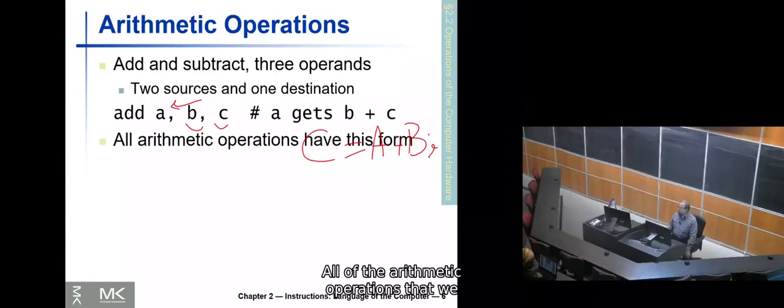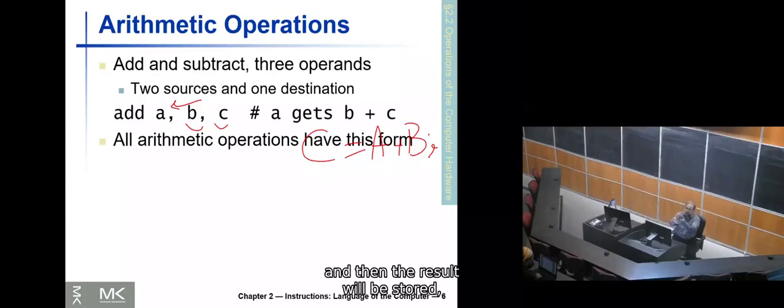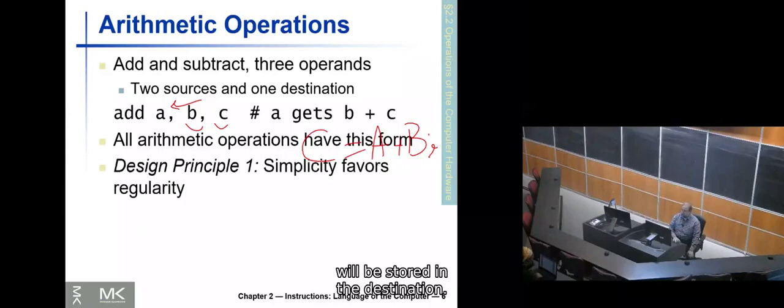All of the arithmetic operations that we will see in the instruction set are like the same thing. Two sources, one destination. Two sources will be operated on, and then the result will be stored in the destination.